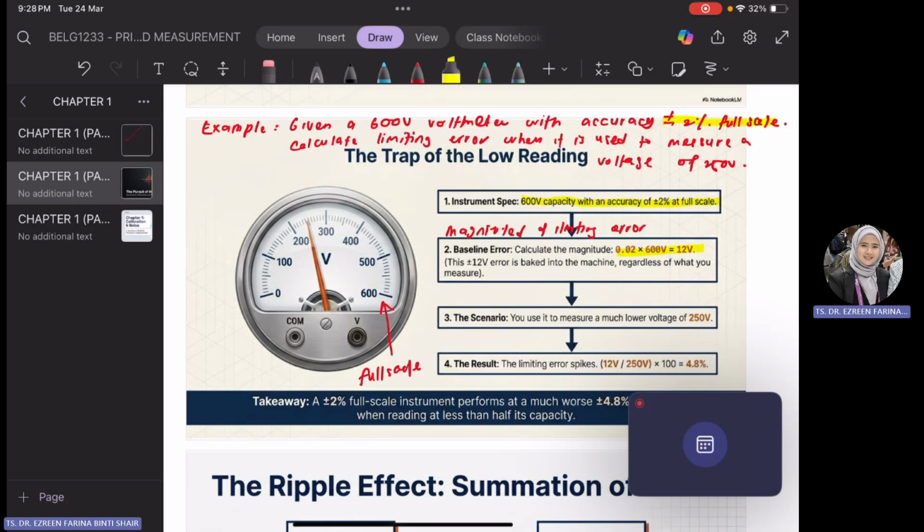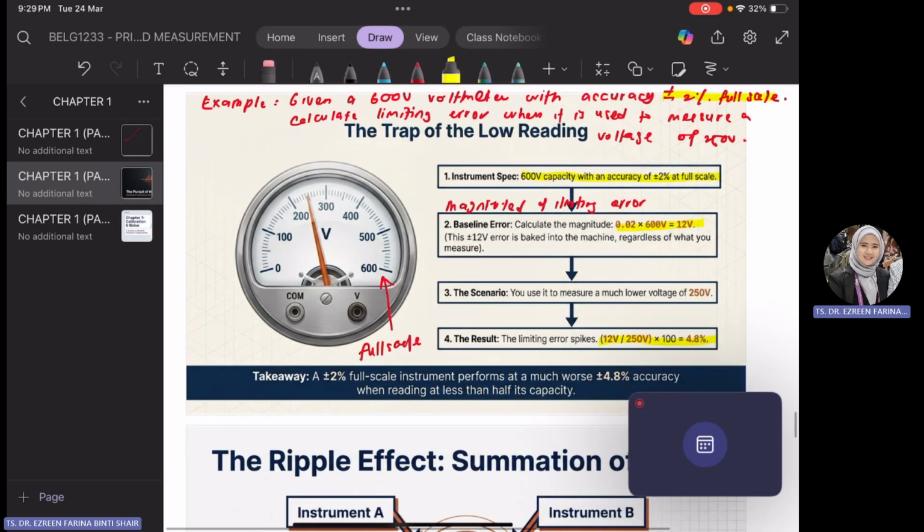What you need to do is take the magnitude of limiting error, or the baseline error, and divide it by the voltage value that you measured, which is 250 volt, and multiply by 100%. So the limiting error that you get at 250 volt is equal to 4.8%. And this is much worse than the limiting error at full scale.